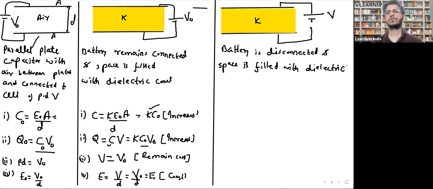Now, see. Again, you have to compare the case when air is in between the plates with the case when dielectric is in between the plates, but you disconnected the battery.